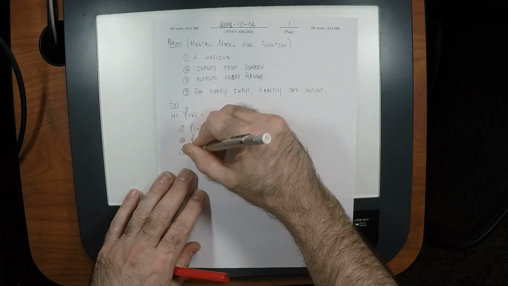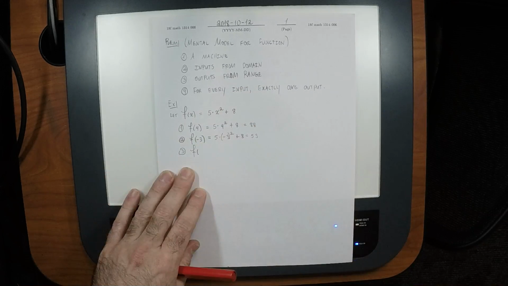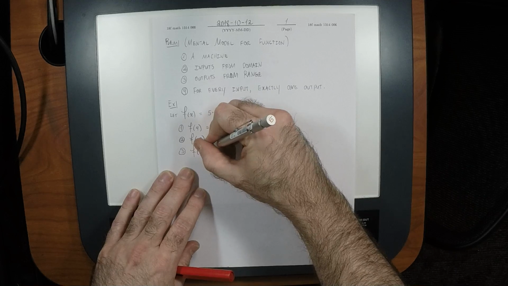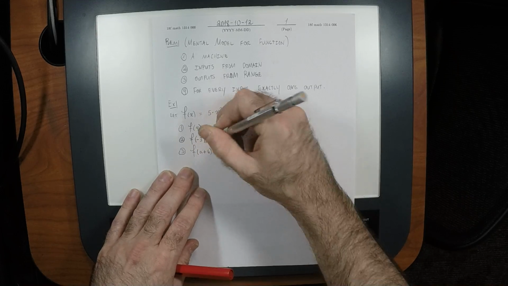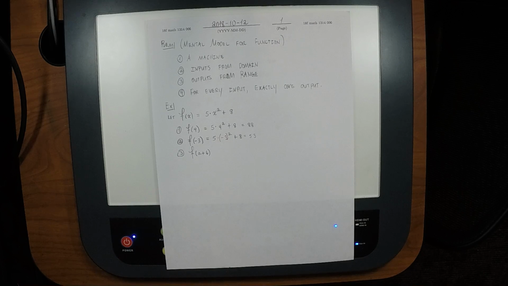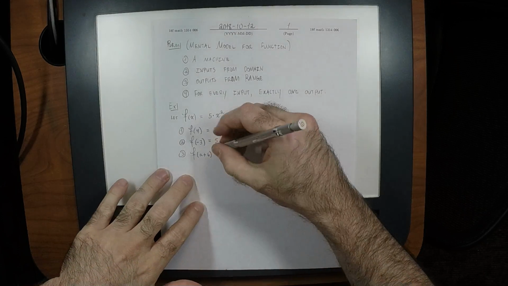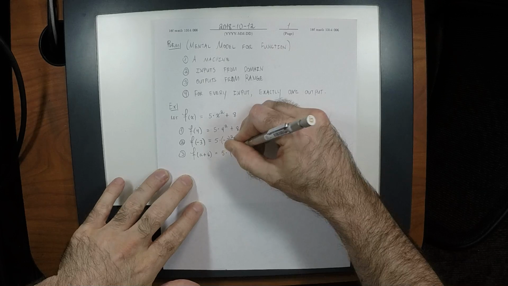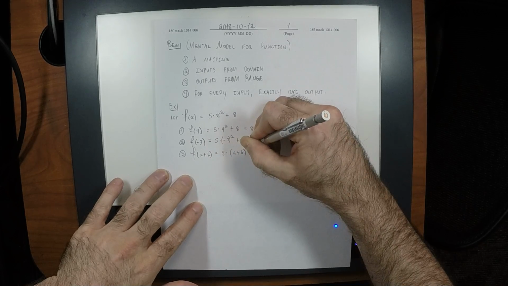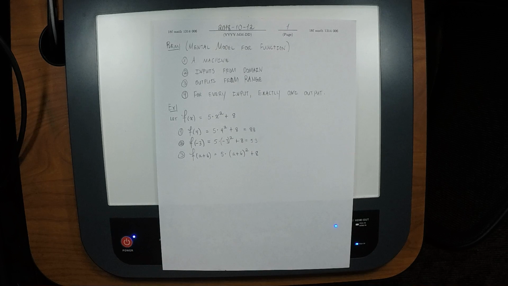And then we could do something like, well, what about f of a plus 6? Well, again, that'd be 5 multiplied by a plus 6 all squared, and then add 8. The instructions for something like this would say, multiply out and collect like terms.